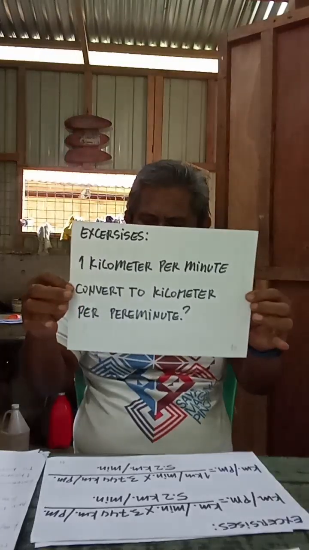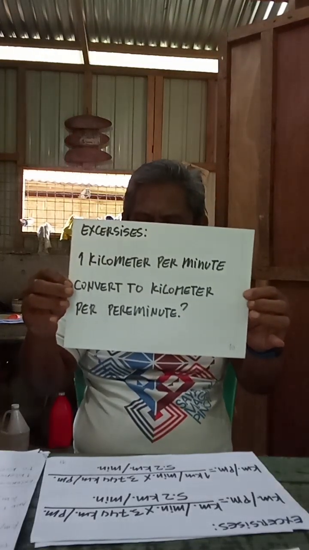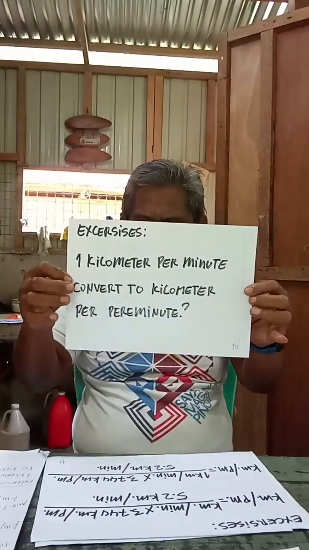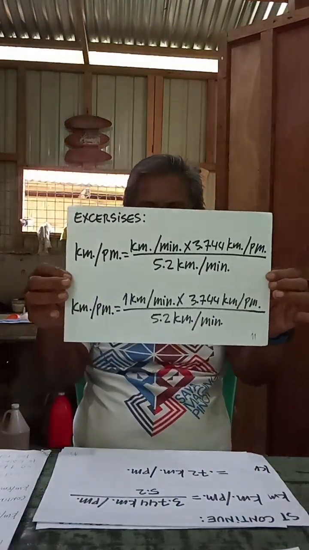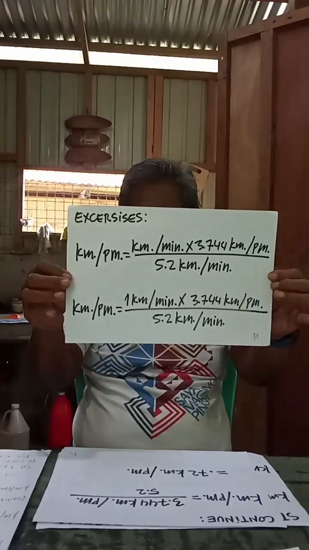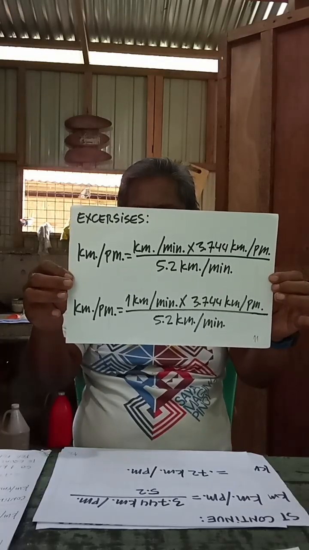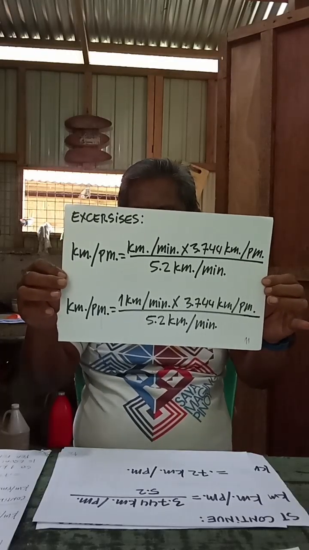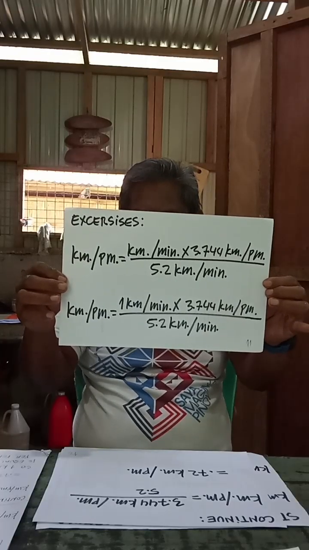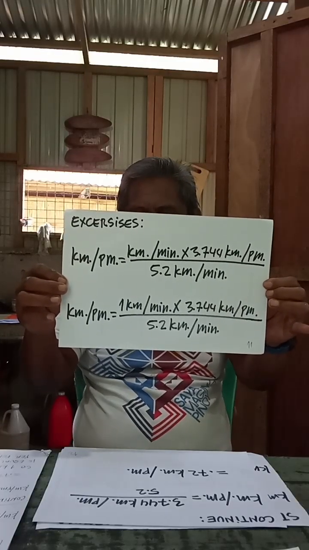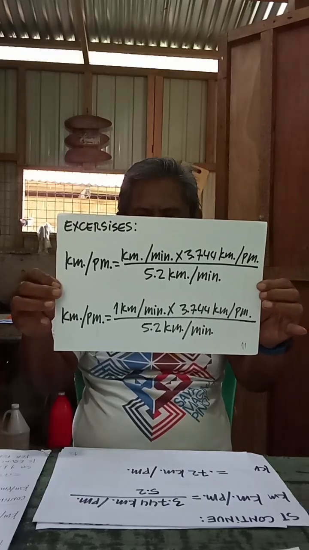So, exercises. 1 kilometer per minute convert to kilometer per peri-minute. So, exercises calculation. Again, to find kilometer per peri-minute is kilometer per minute times 3.744 kilometer per peri-minute over 5.2 kilometer per minute.